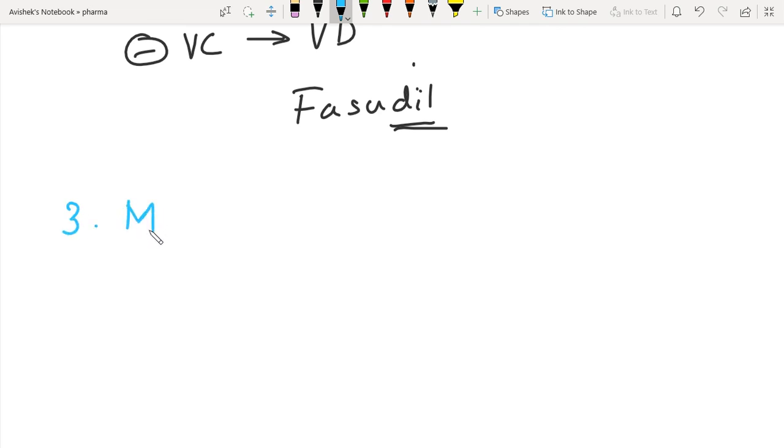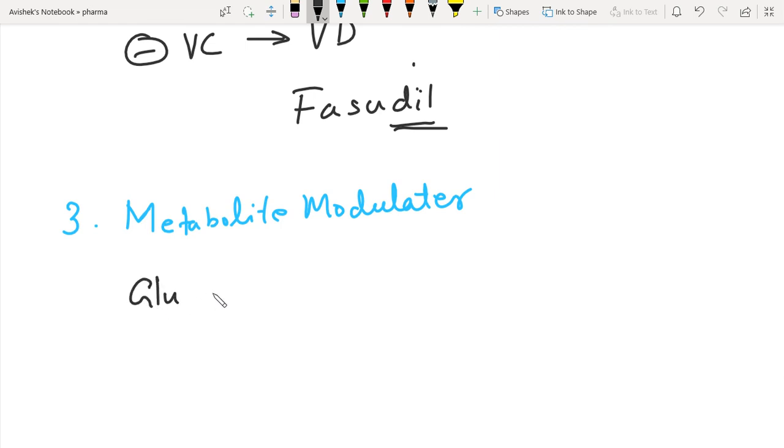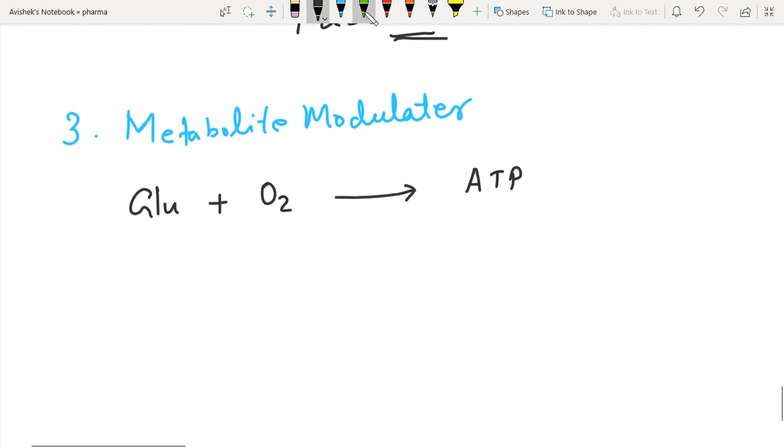Third drug is metabolite modulator. Normally what happens? Glucose plus oxygen gives ATP. If we give one glucose and 100 oxygen, it will give 100 ATP.